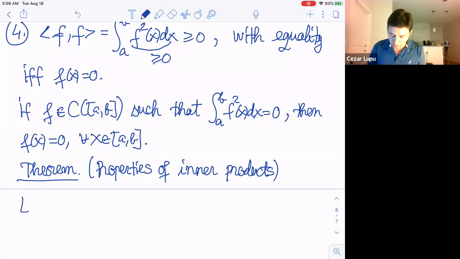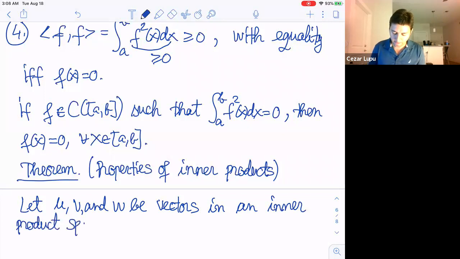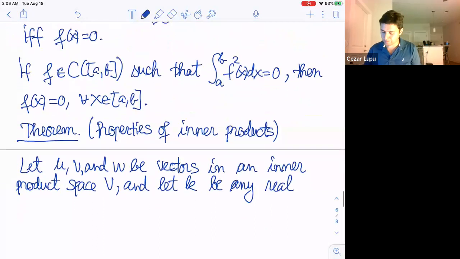Let u, v, and w be vectors in an inner product space V, and let, as usual, k be any real scalar.